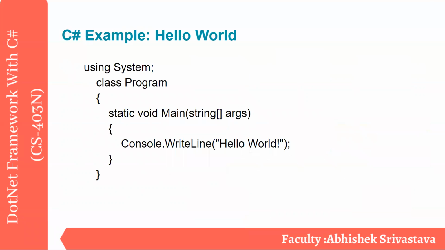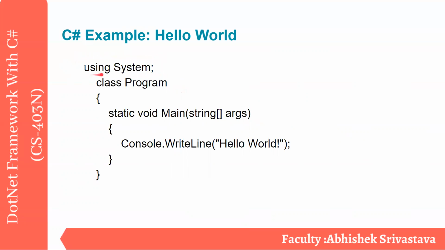Now, what is a C sharp example? First of all, how we do the hello world program. Very simple. See that line by line. We have a description also, no problem. The first line is known as the namespace. Just like you have packages or header files, here we have the namespace.